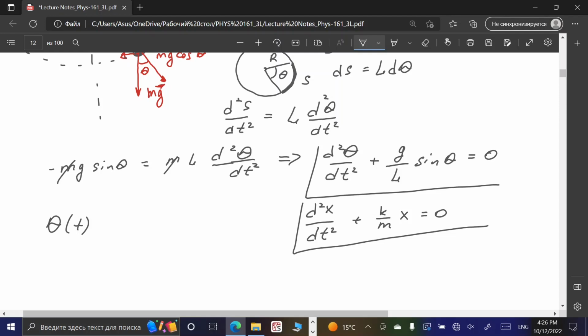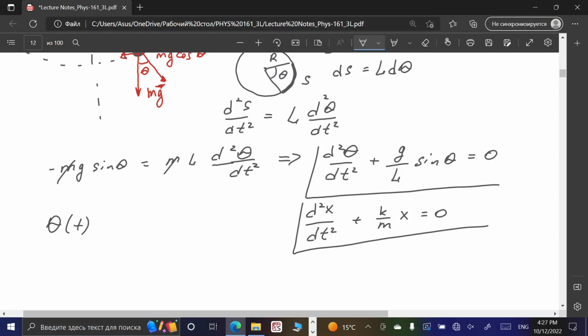You see these are similar, but there is a difference. Obviously the equivalent of x here is theta. So we have the second derivative of angle theta over time plus, here we have the function itself, but here we have sine of the function which we want to know. And that means that this is already a second order nonlinear differential equation, which requires a lot of effort to be solved.